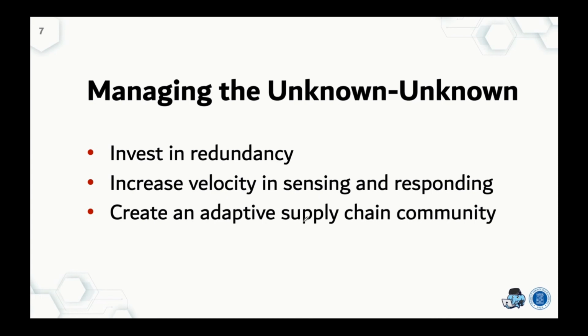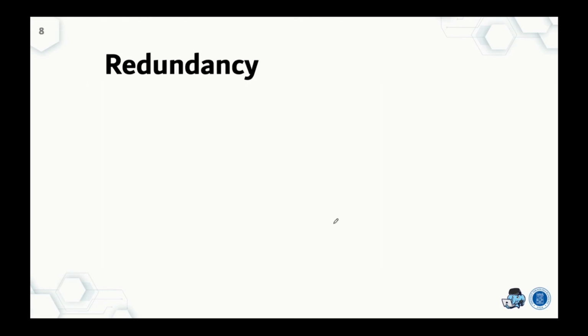Then, create an adaptive supply chain community. When we are able to sense what will happen in the future, we have to be able to make our supply chain adapt to the new situation. This is what we call the adaptive supply chain.